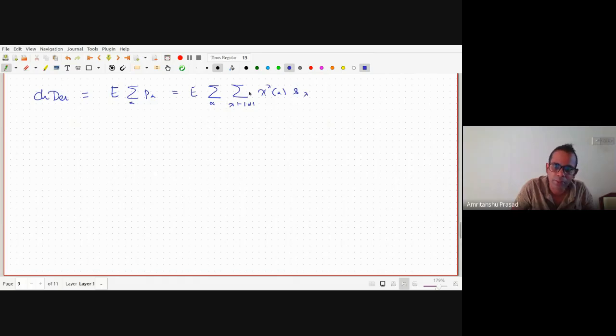But now let's interchange the order of summation, and what we get is E times the summation over lambda of S lambda times the summation over alpha having the same size as lambda of chi lambda alpha. So what we get here is the sum of a row in the character table.